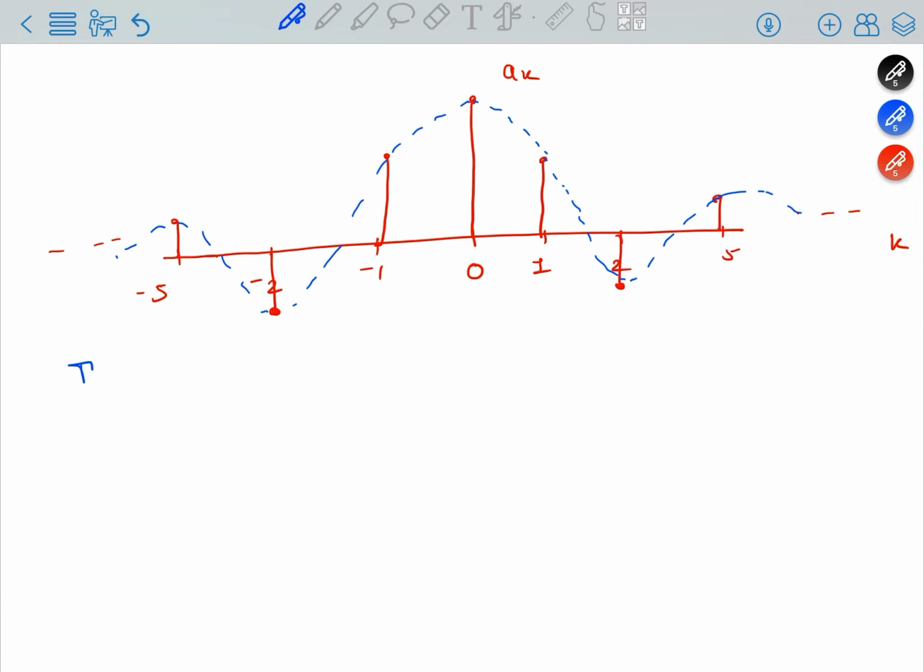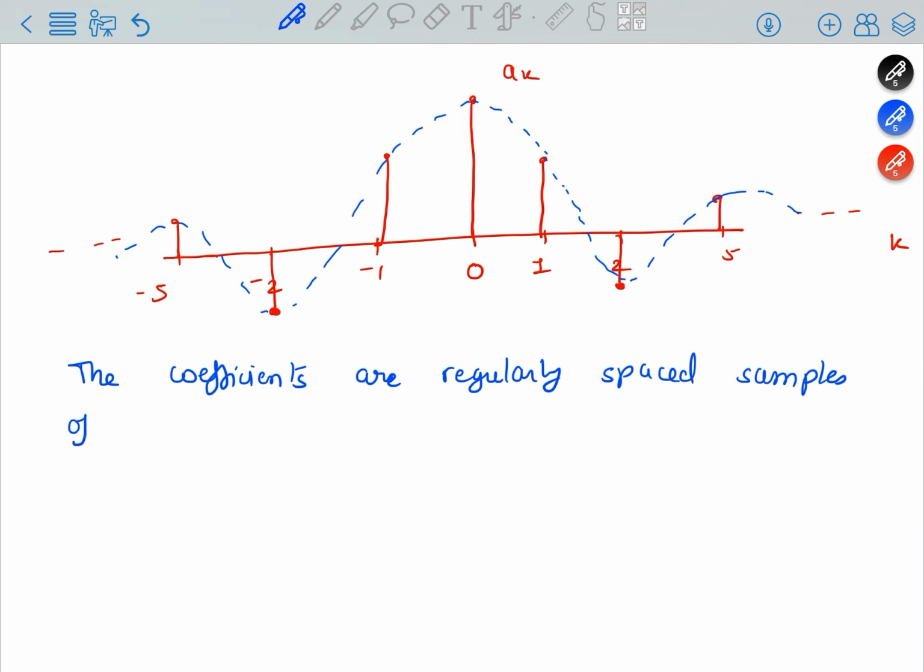So the coefficients are regularly spaced samples of the envelope, that is 2 sin(omega t1) by omega. So this is omega.